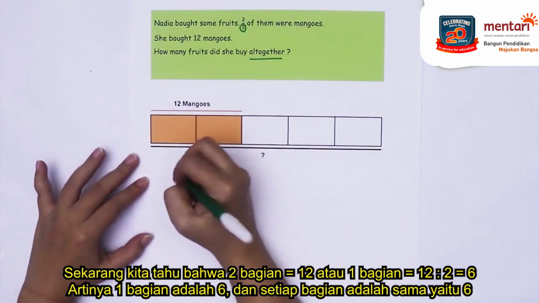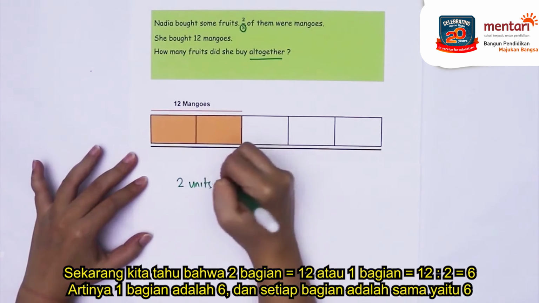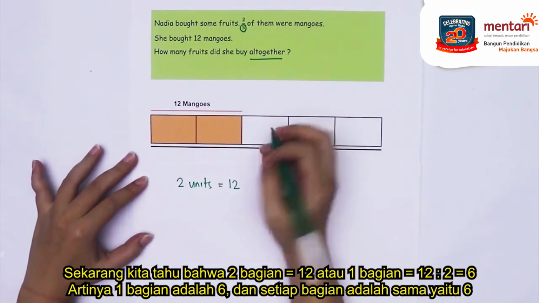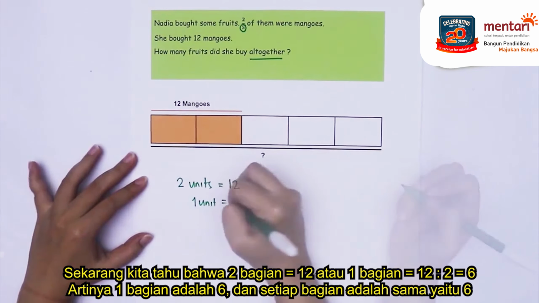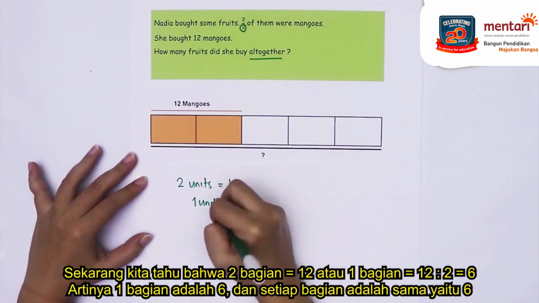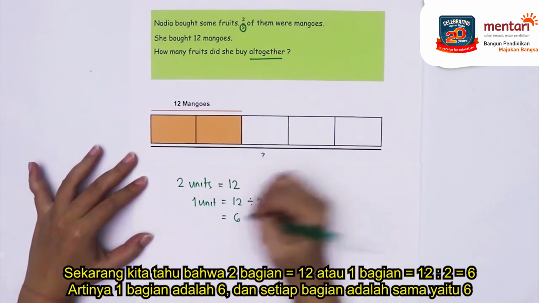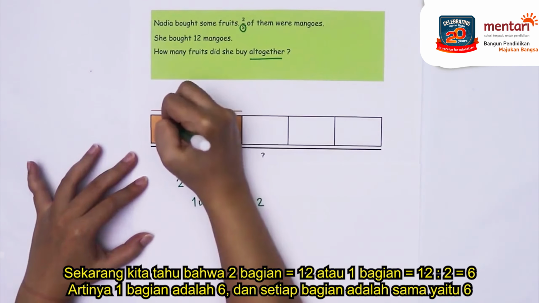Now, we know that 2 units is equal to 12. So to be able to know 1 unit, what do we do? 12 divided by 2. And what is the answer? The answer is 6. It means that 1 unit is 6.